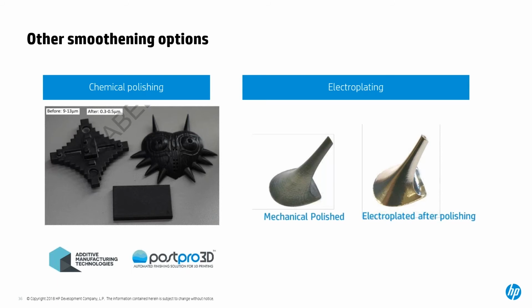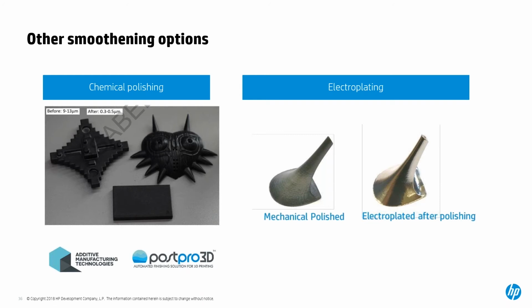And here, instead of using the friction between the abrasive and the part to remove the excess of material and get a smooth surface, there's a chemical that is attacking the surface of the nylon and melting that surface. So this is applied inside equipment that has a vapor with this chemical, and it's a batch process that may take around 2 hours.